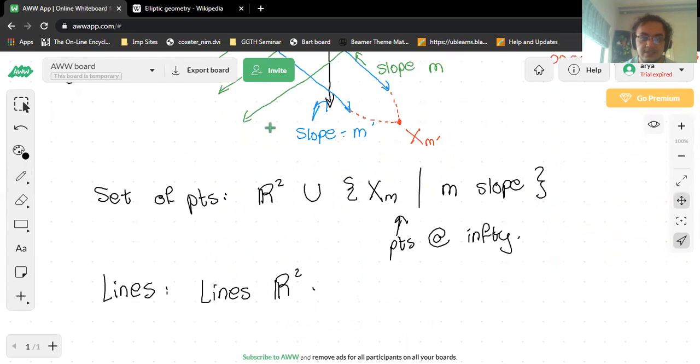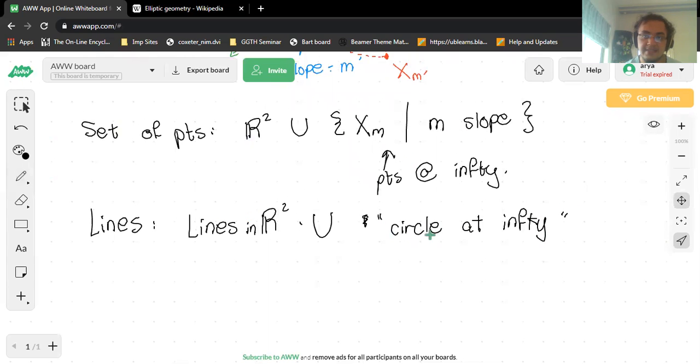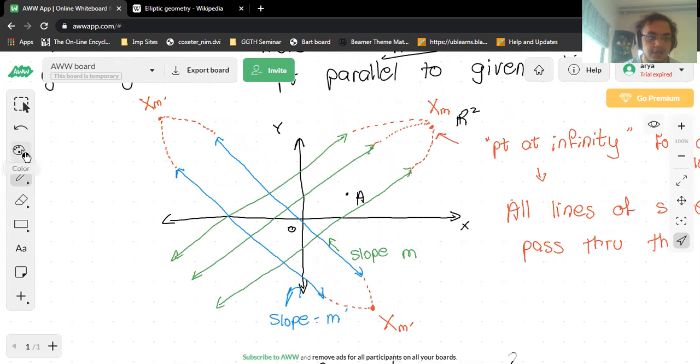And what we do is, so lines in R2 union, we add this one extra line, which we'll call the circle at infinity, which I'll draw in purple. It passes through all the points at infinity, and it's a circular arc.